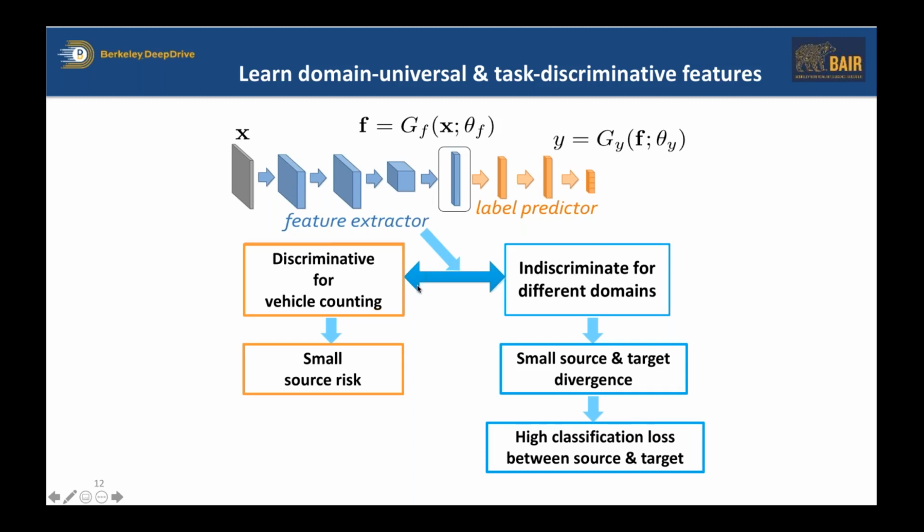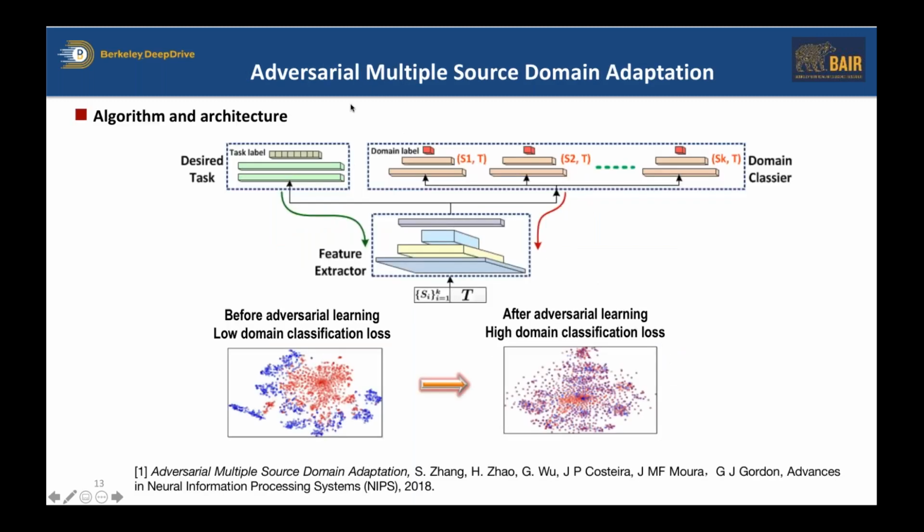So with such intuition, we developed this adversarial multi-source domain adaptation method. Let's take a closer look at this framework. We have the input images from multiple sources and a target. After a feature extractor, we have the feature from either source or target.